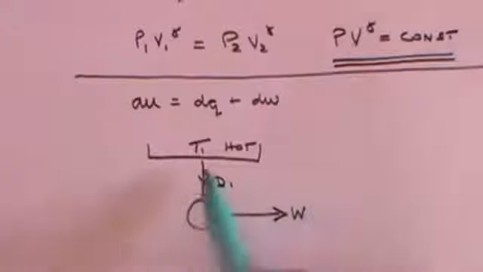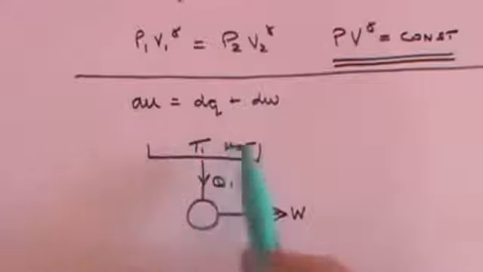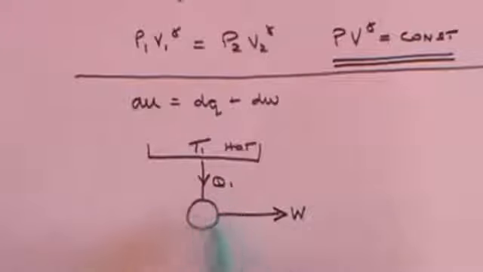What he wanted to know is, could he take the heat out of this plentiful supply of heat, put it into some kind of engine and generate work at 100% efficiency level? And he found that you couldn't do it on a continuous basis.